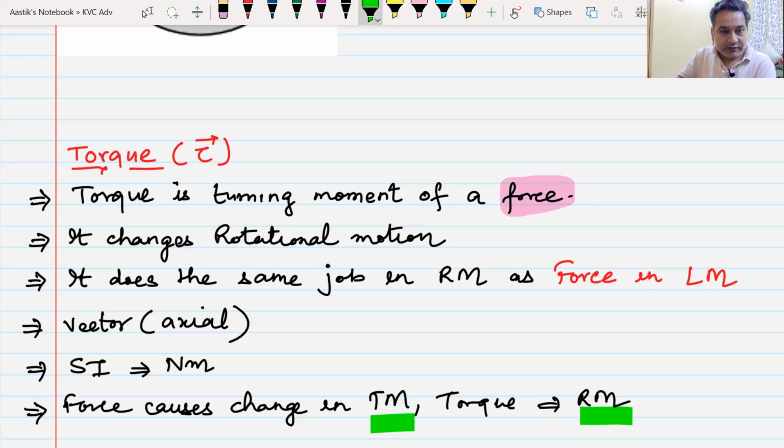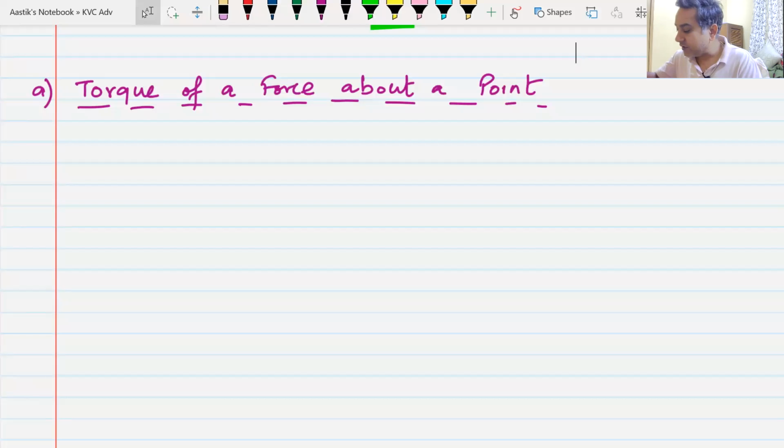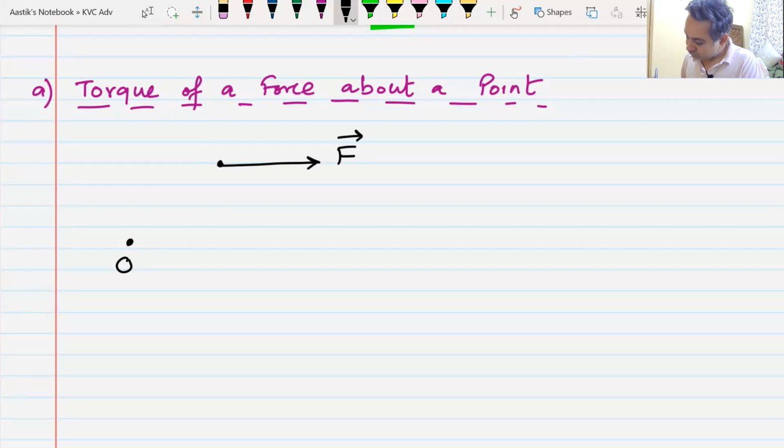I'm looking for a good diagram but I'm not able to get one, so let me draw it. Torque of a force about a point. This is a point O, and this is a force F applied at some point A.